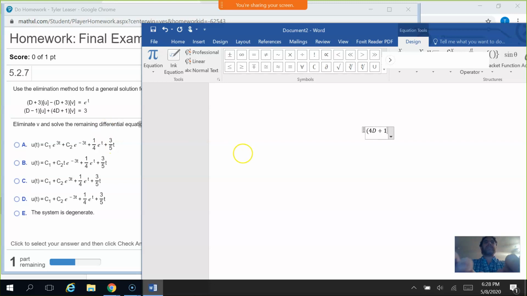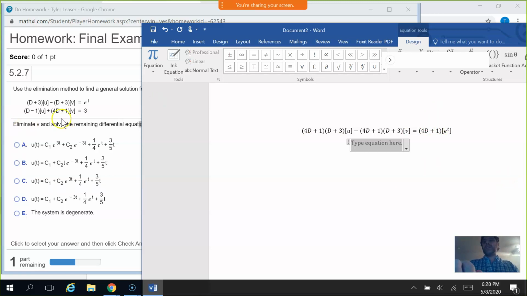So we're going to have 4D plus 1 and the D plus 3 acting on the function u, minus 4D plus 1, and then the D plus 3, that's acting on the function v. And don't forget to also apply that linear operator onto the function on the right-hand side. So we're going to operate 4D plus 1 onto the e to the t of the first equation as well.